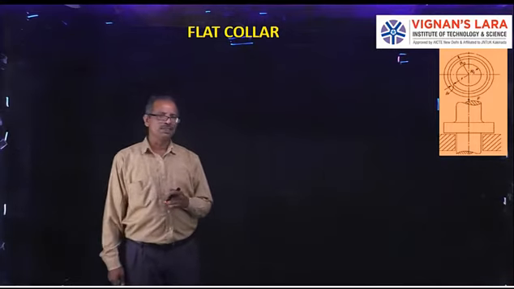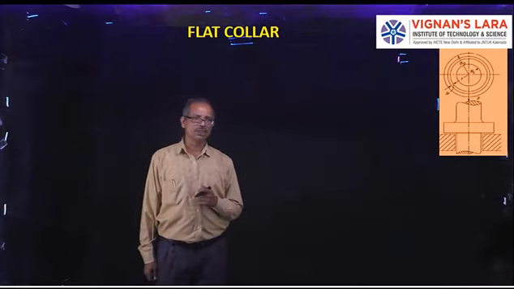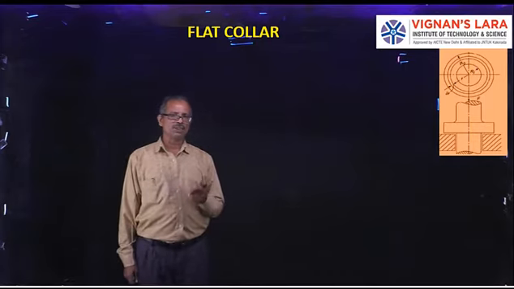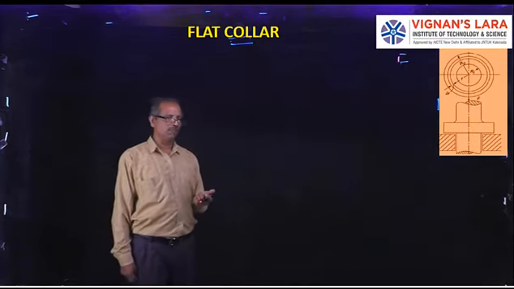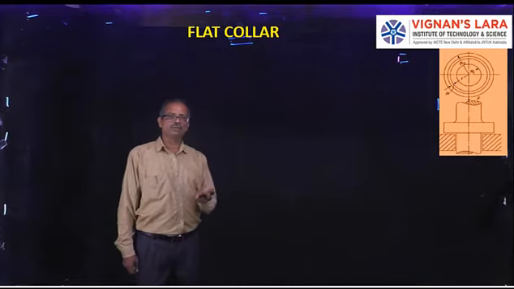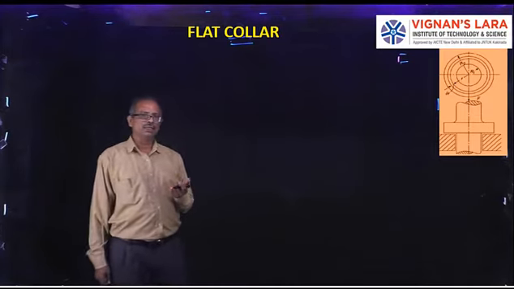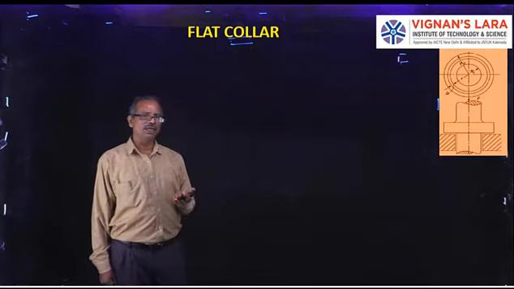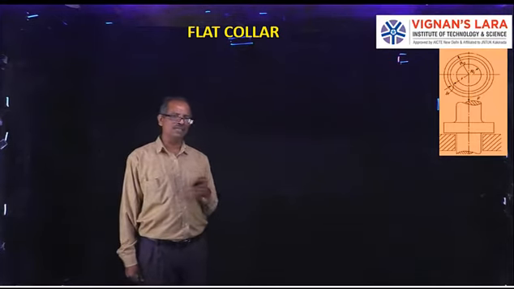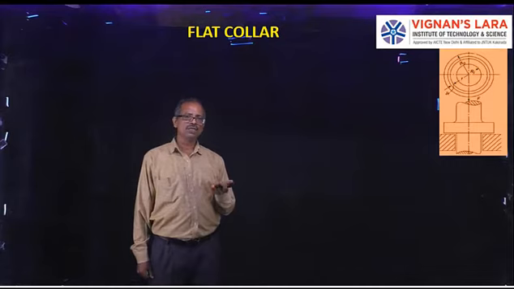Just now we have discussed the pressure in uniform pressure theory and uniform wear theory. Now I would like to derive the amount of torque that is transmitted or power lost using a flat collar.